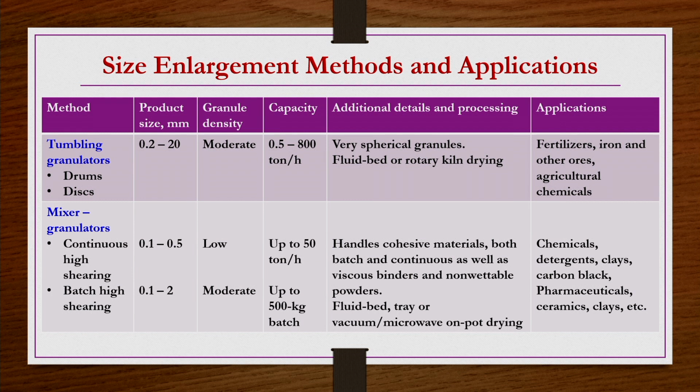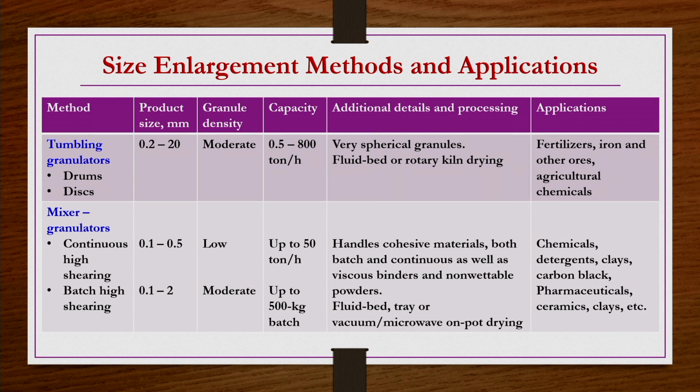The capacity-wise, continuous high shearing mixer granulator can handle 50 tons per hour, whereas the batch high shearing mixer granulators in general can handle 500 kg a batch; up to that capacity they can handle. These mixer granulators in general handle cohesive materials, both batch and continuous, as well as viscous binders and non-wettable powders. For all these categories they are suitable.